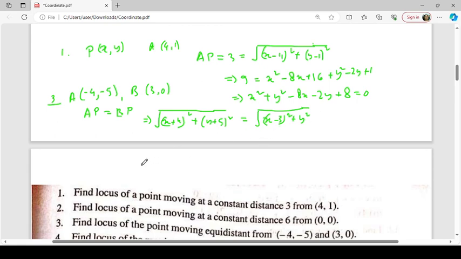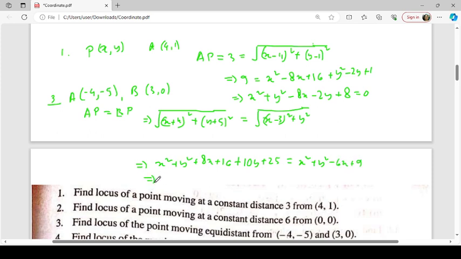What we are having now, this implies x square plus y square plus 8x plus 16 plus 10y plus 25 is equal to, right hand side is x square plus y square minus 6x plus 9.